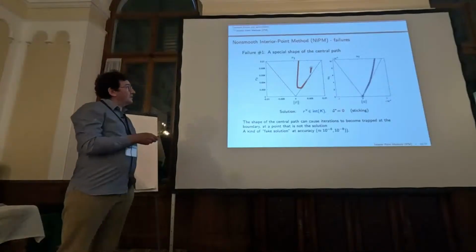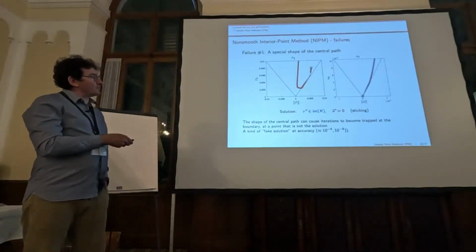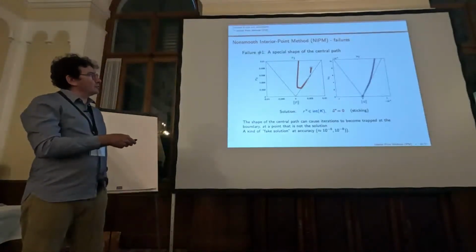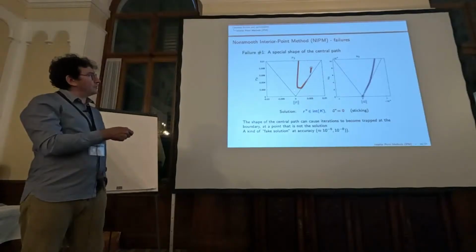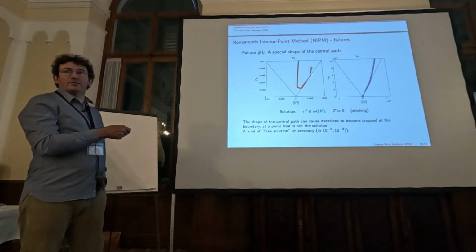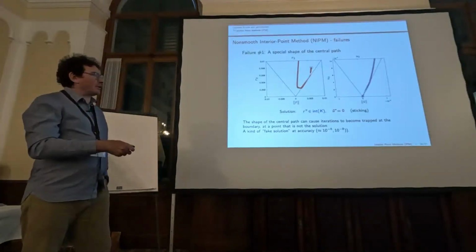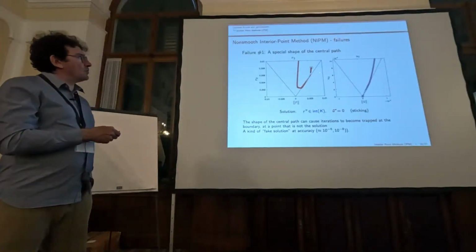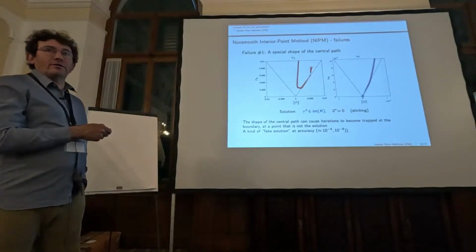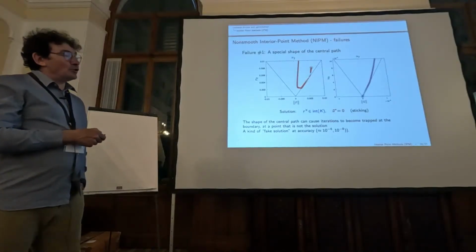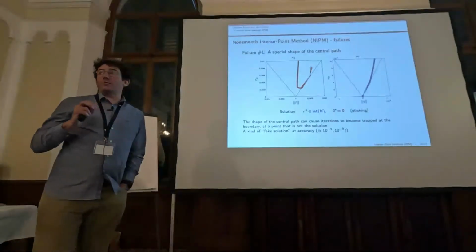The first is shown here in a drawing of the central path. You have just one cone, so R and U, and I draw the central path here. You start from there, you go there, and then you slide on the boundary of the feasible set, and you go into the interior. And when you are there, you still need to take very, very small time steps.